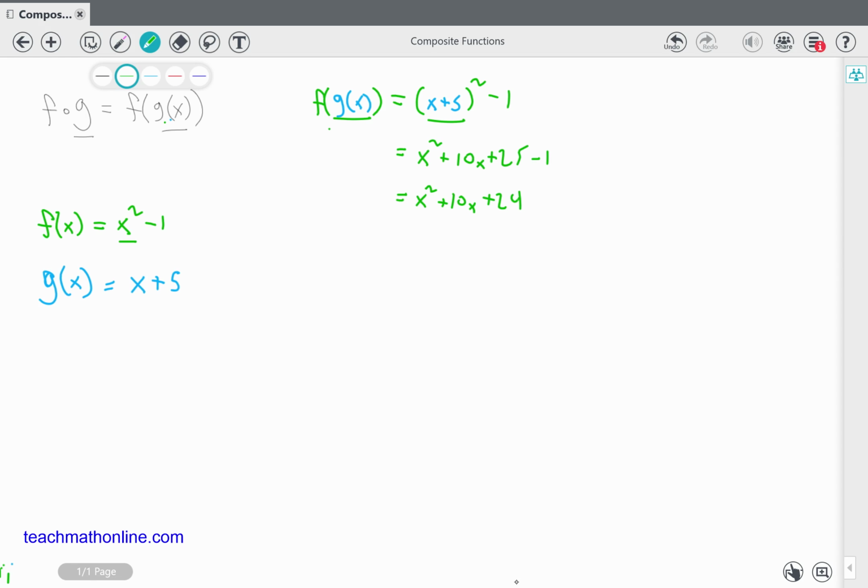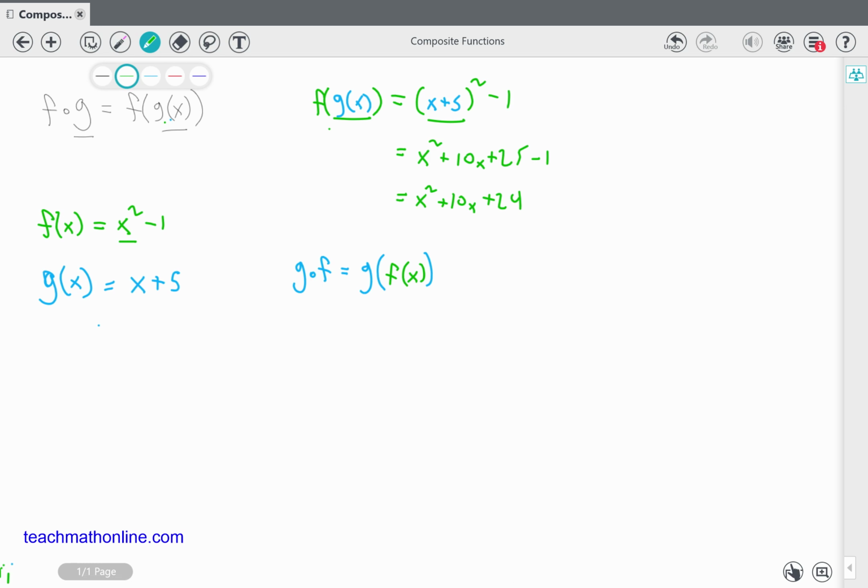If we wanted to do it the opposite way, let's say we wanted to find g of f of x, we would say, let's go ahead and insert the function f of x in every x position of g of x.